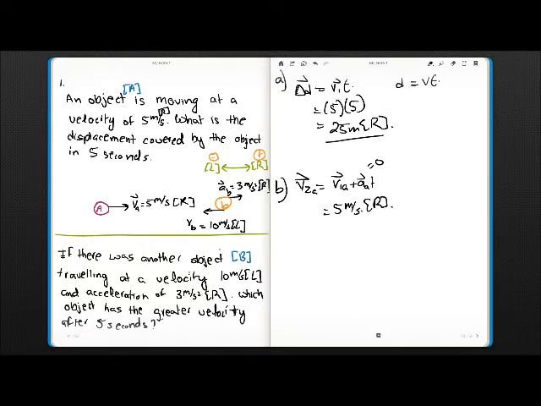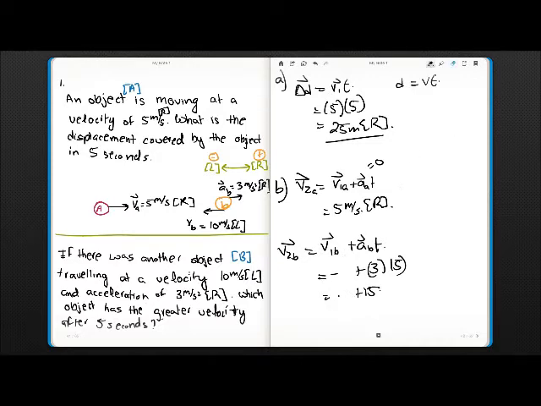As for object B, we have V2B equals V1B plus AB times t. The initial velocity is minus 10, and the acceleration is 3 meters per second squared, positive since it's to the right, and the time is 5 seconds. Sorry, I said minus 6 earlier, but the initial velocity V1B is minus 10.